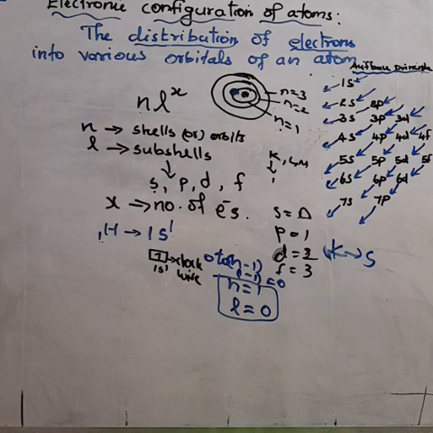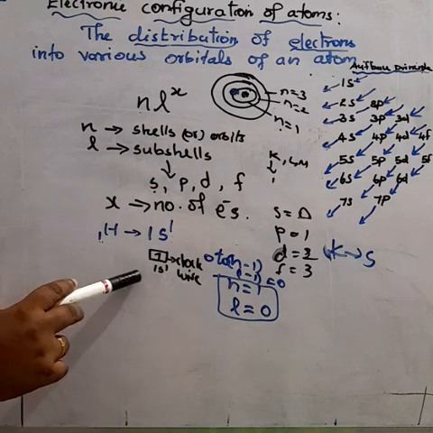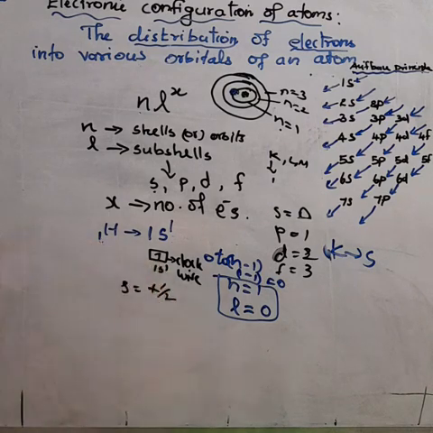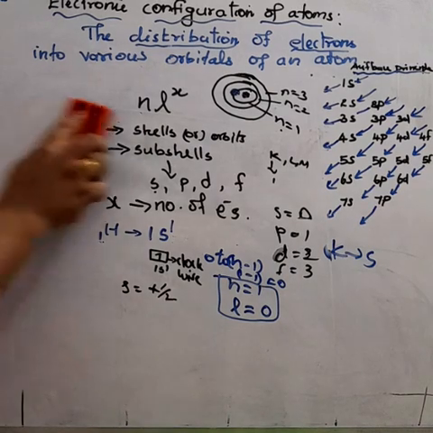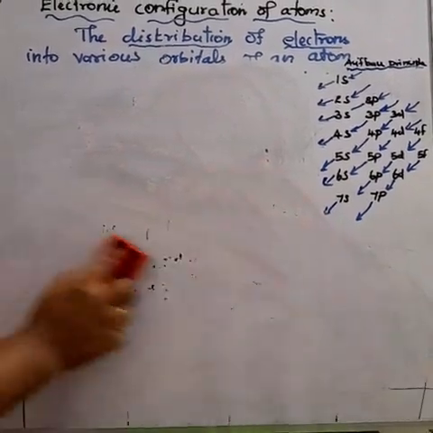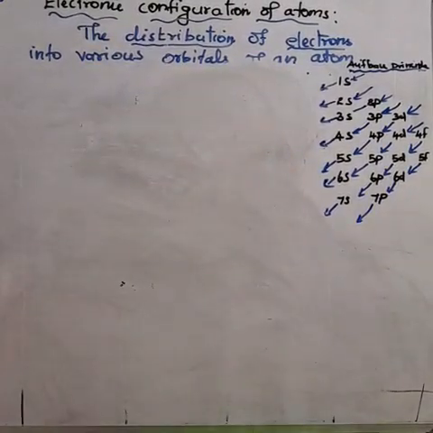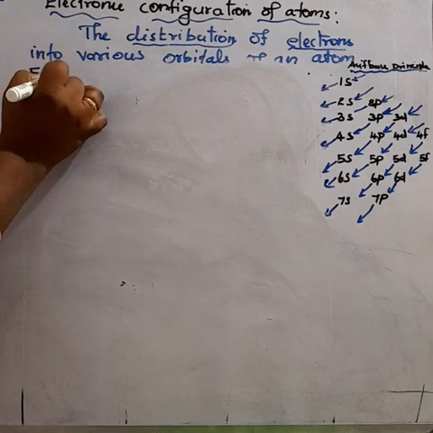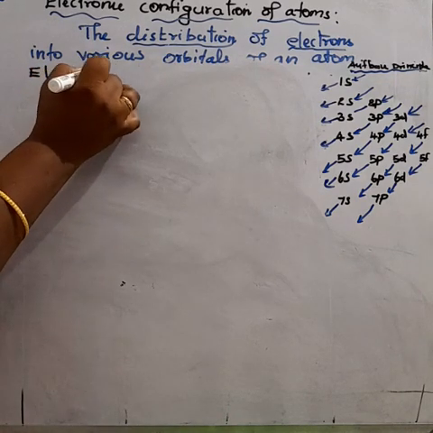So the spin value here is plus half. These are the points about electronic configuration. Then I am going to write the electronic configuration and orbital diagram for the first 10 elements, up to atomic number 10.